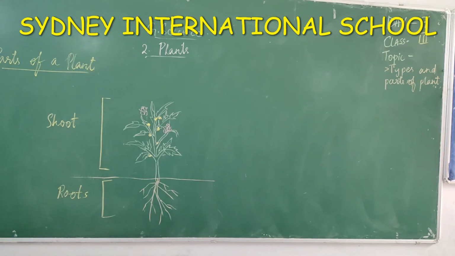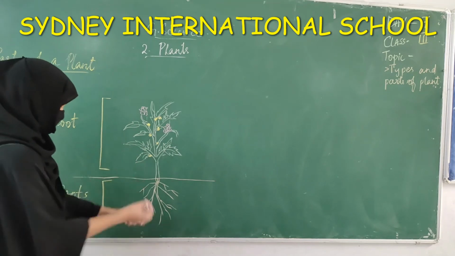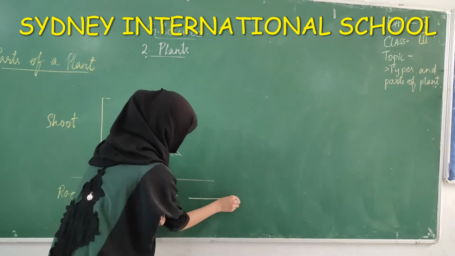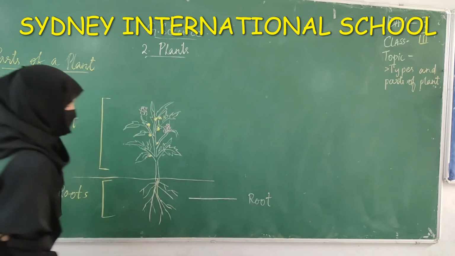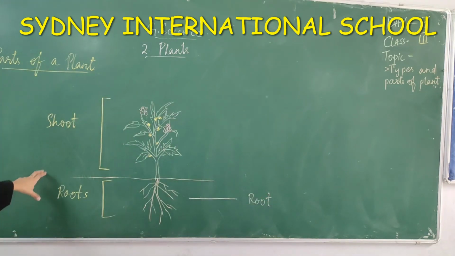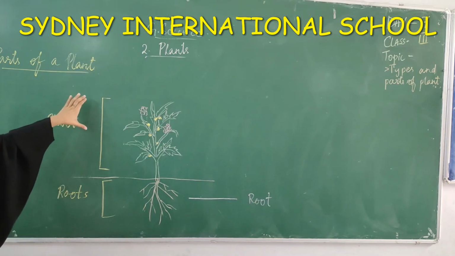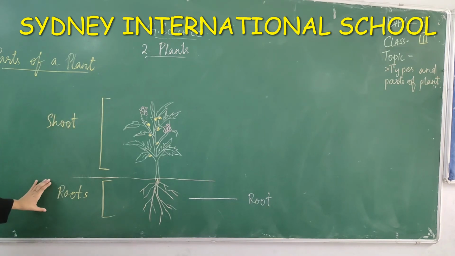Now, in roots, we have only one part, that is root. This is called the root system. This is called the shoot system.